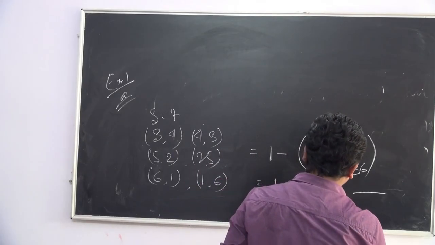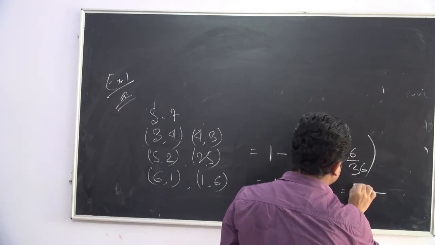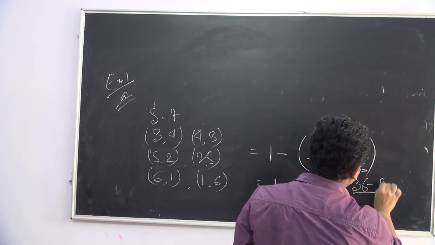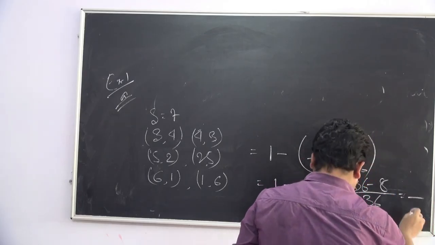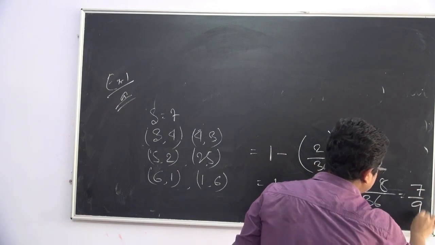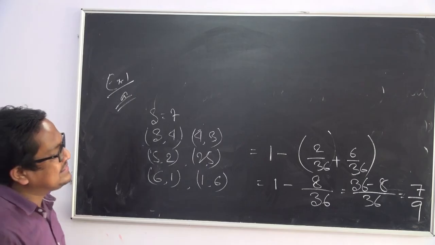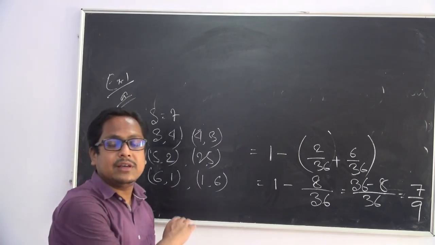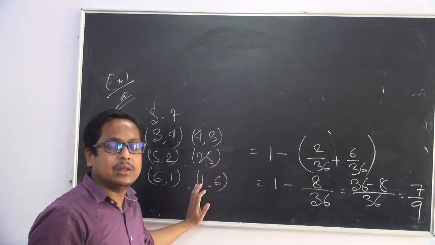So ultimately I can write 36 minus 8 by 36, that means 7 by 9. This is the answer for getting neither 7 nor 11.